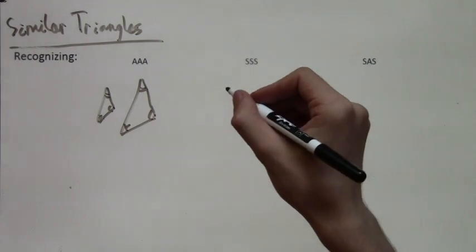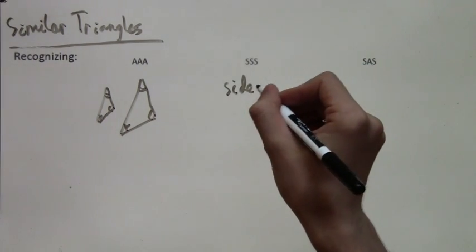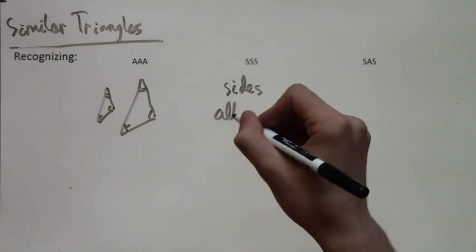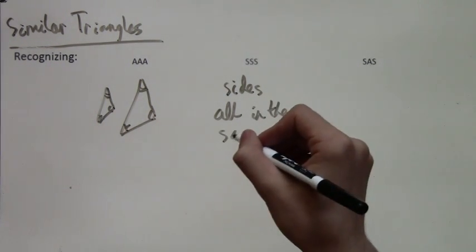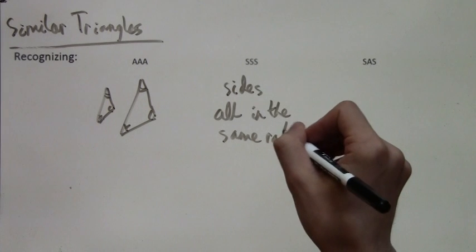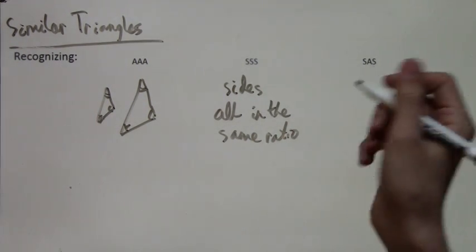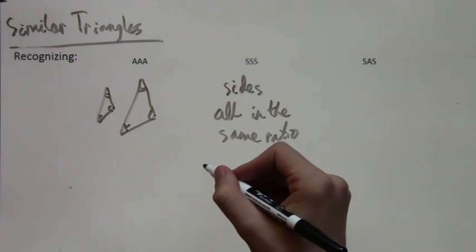Another option is SSS. In the case of congruency, all sides have to be equal. But in the case of similar triangles, all the corresponding pairs of sides have to be in the same ratio.